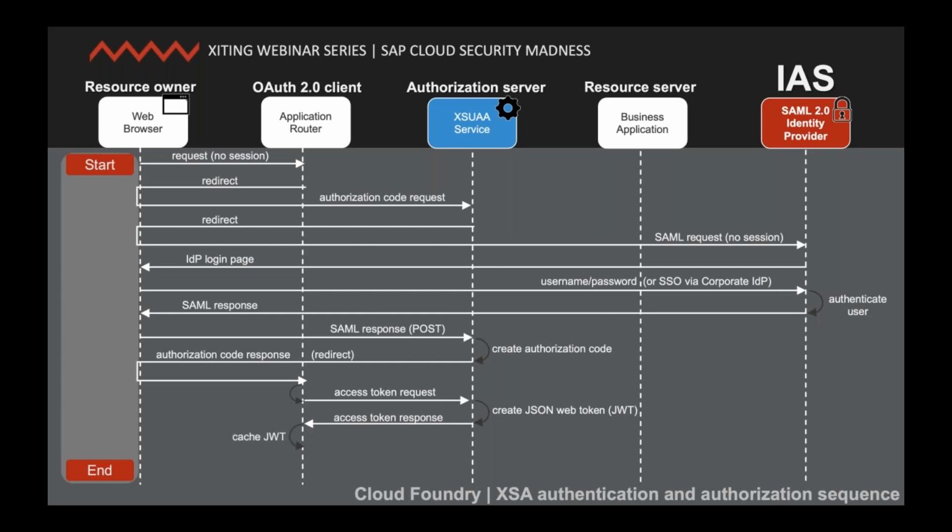So now we have the access token in the application router, and it also caches this token and attaches it to all following requests of that user. And again, the XSUAA service only issues tokens, but it does not authenticate the user. This is still the job of the IDP.